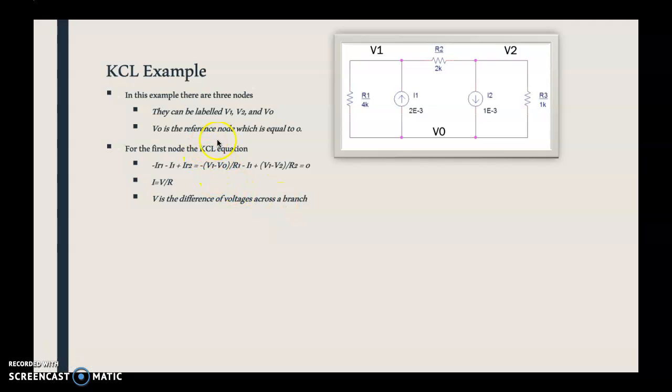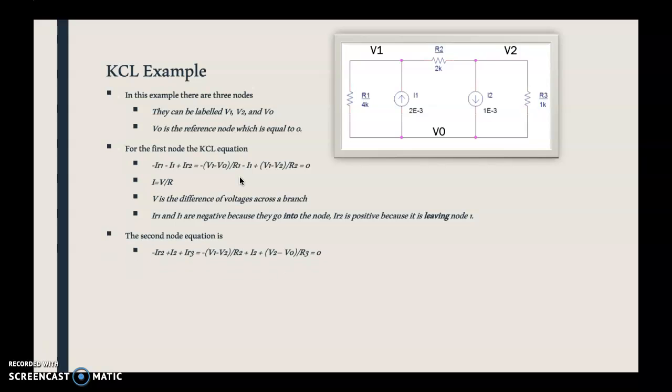So it's going to be negative (V1 minus V0) over R1 minus I1 plus (V1 minus V2) over R2, and all that together is equal to 0. IR1 and I1 are negative because they go into the node, and IR2 is positive because it is leaving node 1.